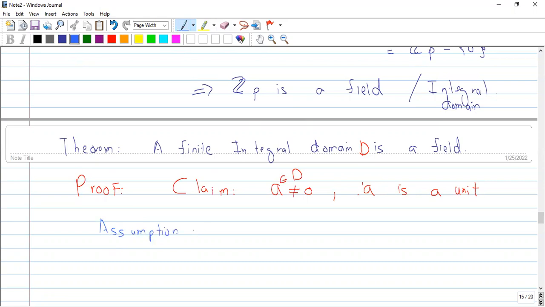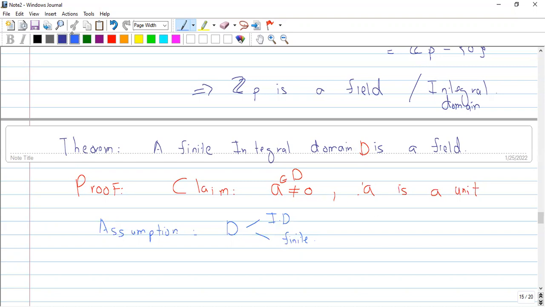That I am working with a D which is an integral domain and finite. It is an integral domain and also finite, which means I can use both these things in my theorem. I can use the finiteness of D and the fact that D is an integral domain. And what I need to show is that A is a unit.